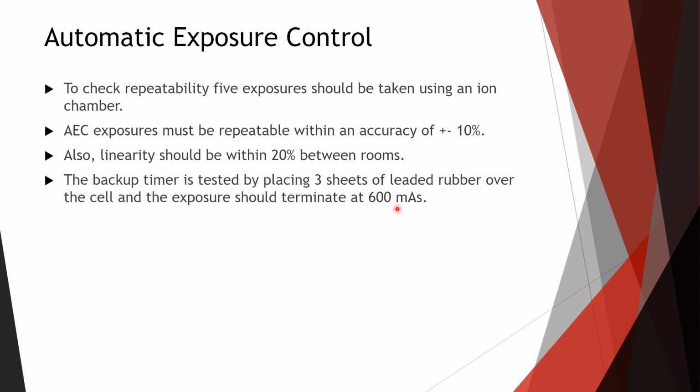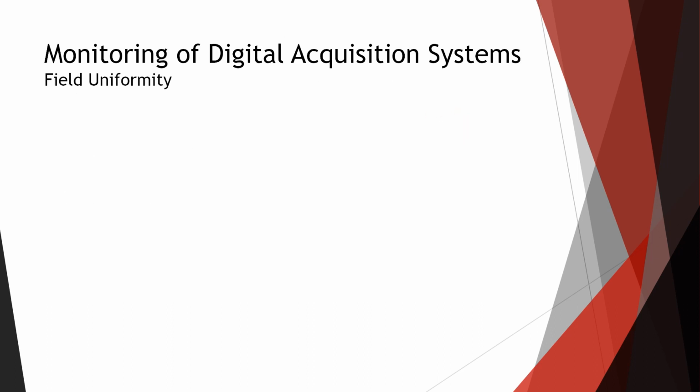So now you're exposing, and of course since the tube isn't pointed at that one, it's just going to keep exposing because it's never going to terminate the exposure, the AEC. Okay, but it's actually focused at the patient. So the 600 mAs may be the limit that's set by the operating equipment. I'm not quite sure, or that just may be the standard of the 3 sheets of leaded rubber, and it may be calibrated so that it should be around 600, and the accuracy should be plus or minus 10% from exposure to exposure.